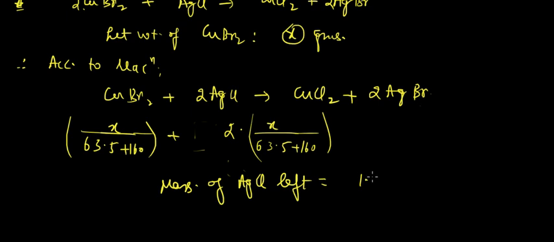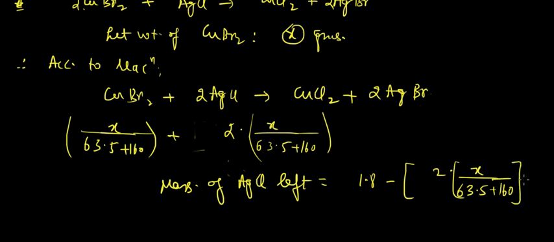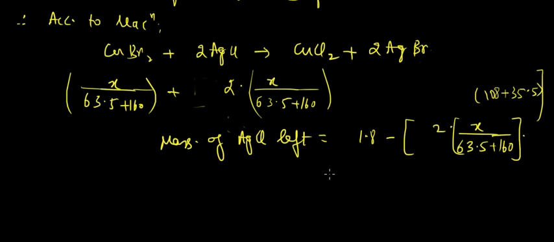It would be 1.8 minus 2 multiplied by x upon 63.5 plus 160, this is the moles, and into the molar mass of AgCl, which is 108 plus 35.5. 108 is the mass of Ag and 35.5 is the mass of Cl.